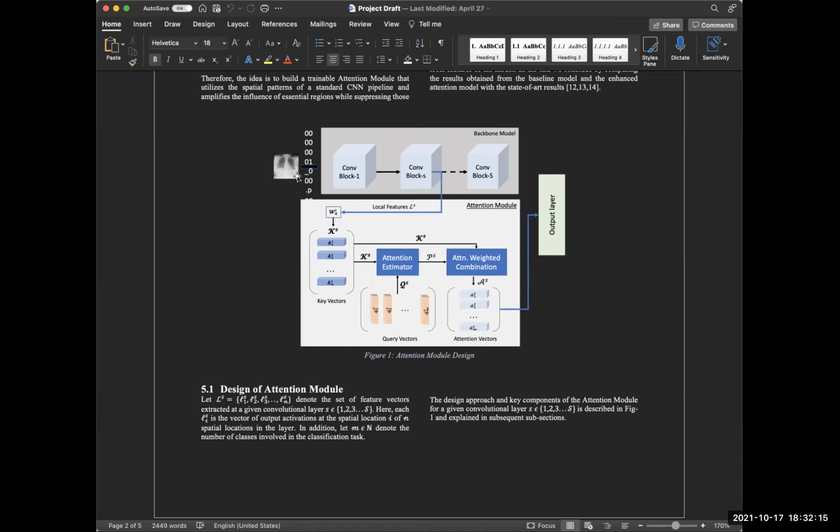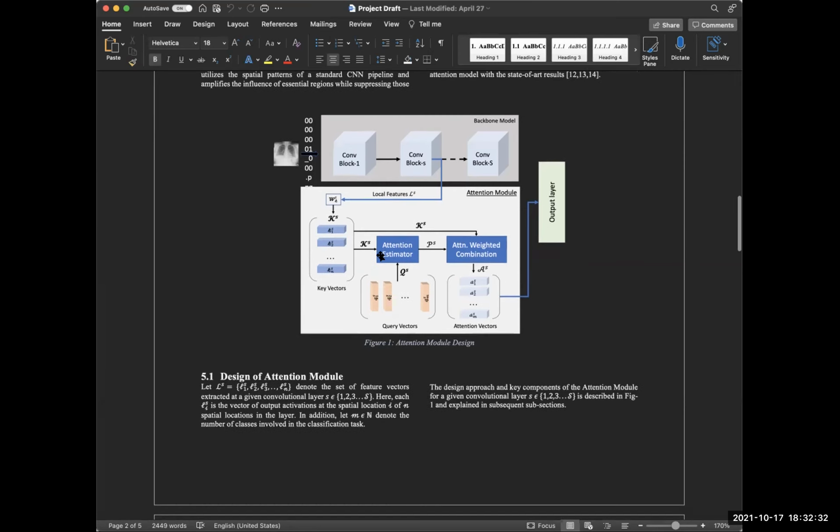Remember the grid, where on the rows you can have diseases and the columns you have image locations. So you say which part of the image is firing for which disease, or which part of the image the model should pay attention to for a particular disease. That's what the model is learning.